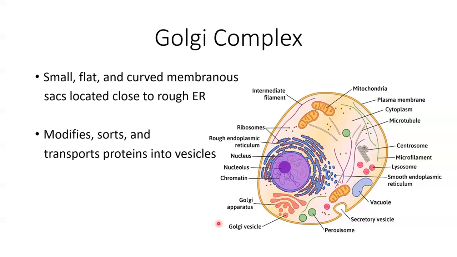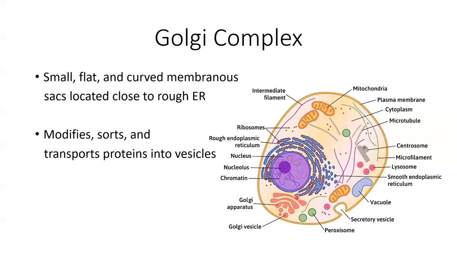Now, most of the proteins produced by the ribosomes attached to the rough endoplasmic reticulum are ultimately transported to different regions of the cell or to external to the cell. And the first step in that transportation process is through an organelle called our Golgi complex. You'll see here termed the Golgi apparatus. So the Golgi complex or Golgi apparatus are small, flattened, membranous sacs, which are often shaped in this kind of curve.